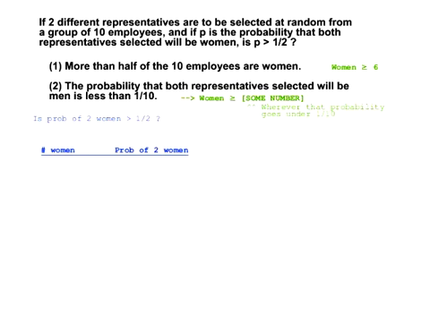Sure. All right, let's just do that. If you have 6 women, then the probability of 2 women is 6 over 10 times 5 over 9.